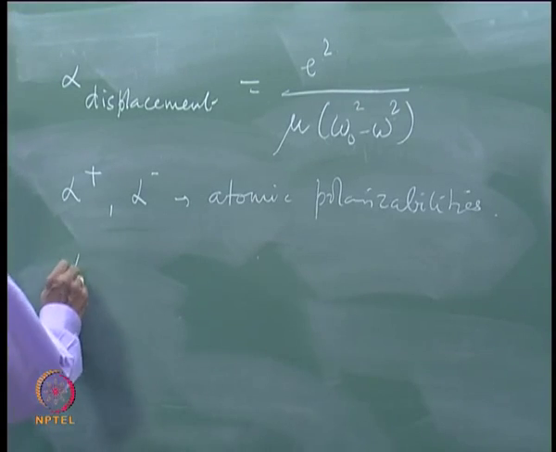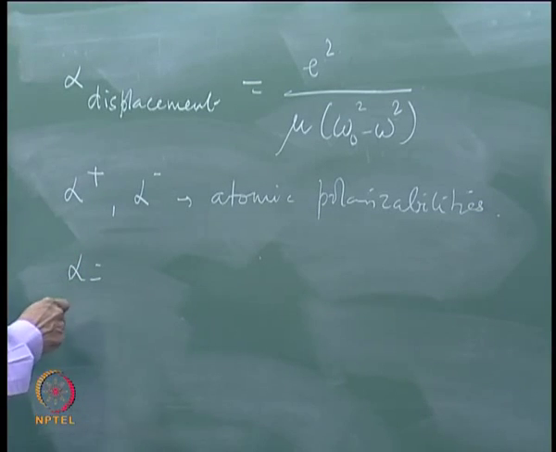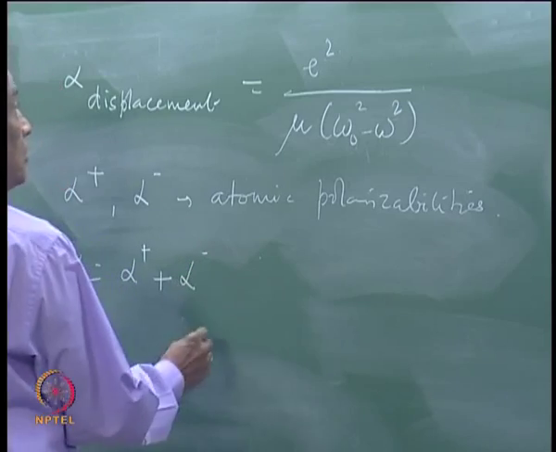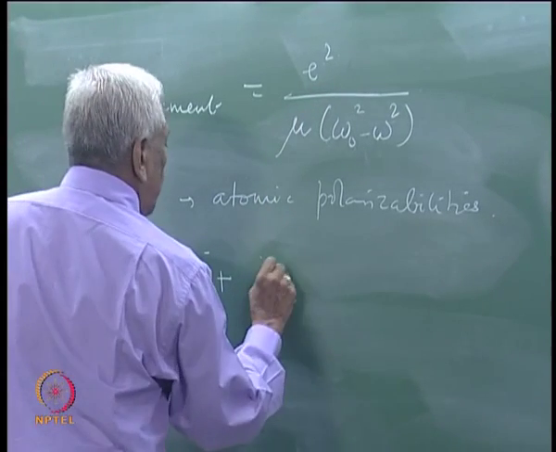Therefore, the total polarizability alpha is this plus this plus this term.